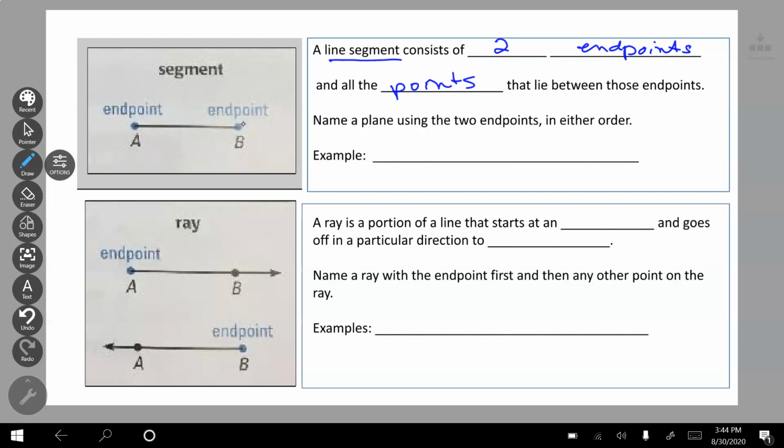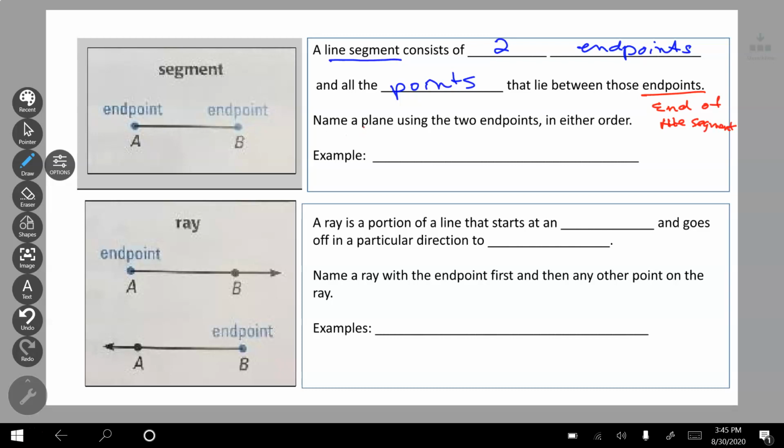Technically, on this line segment here with endpoints A and B, it has an infinite number of points on it, but we really make note of the 2 endpoints A and B. So these endpoints are the end of the segment.